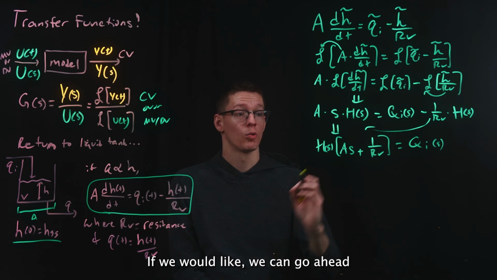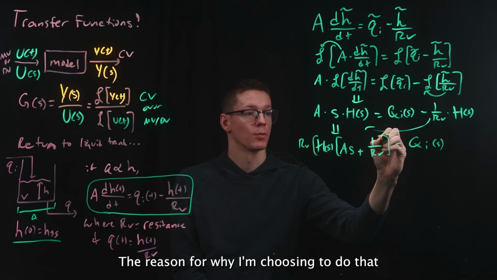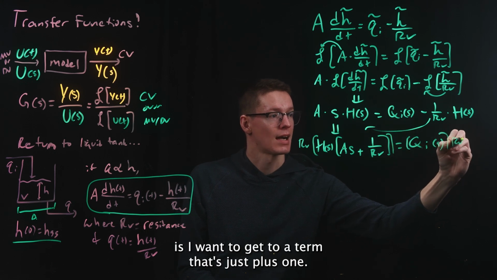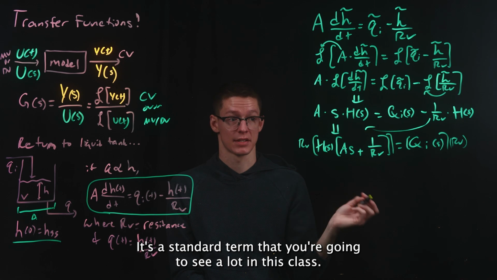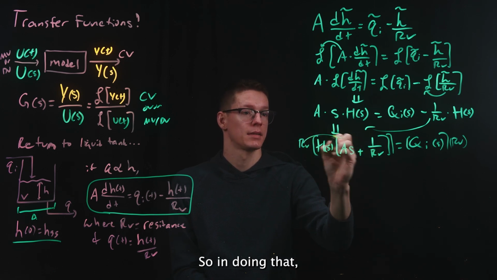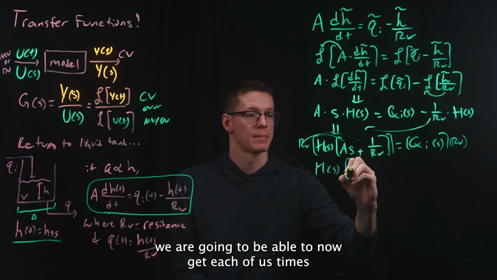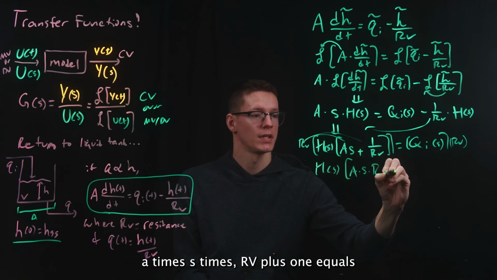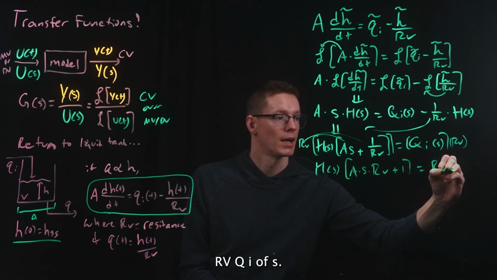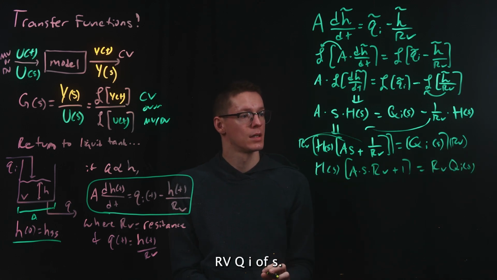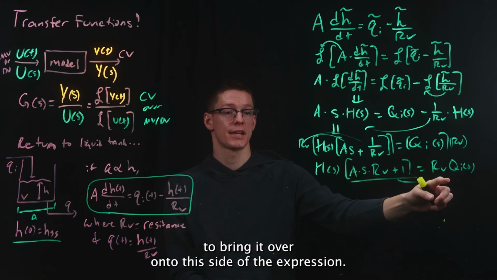If we would like, we can go ahead and multiply everything by RV. The reason for why I'm choosing to do that is I want to get to a term that's just plus 1. It's a standard term that you're going to be seeing a lot in this class. So in doing that, we are going to be able to now get H of S times A times S times RV plus 1 equals RV QI of S. We can now divide this term to bring it over onto this side of the expression.